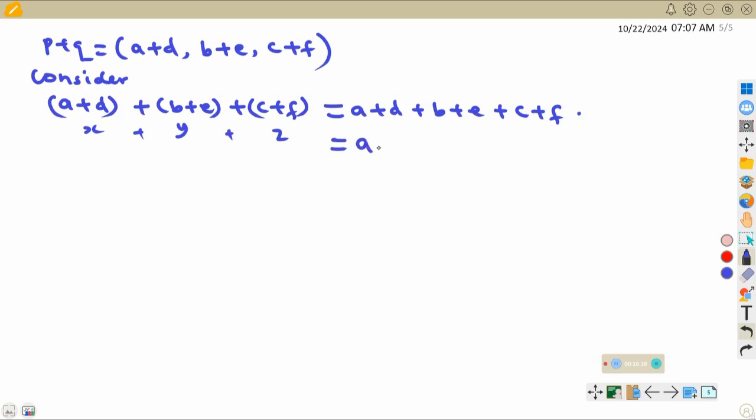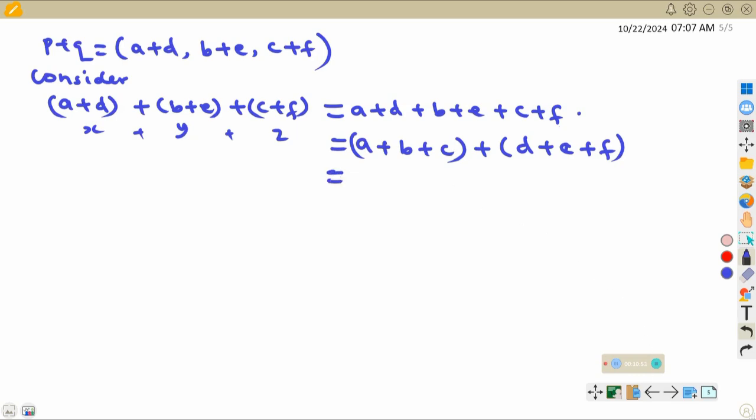We can add there B, we can add there C. This is possible since we are dealing with real numbers.